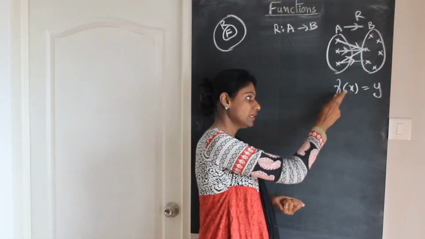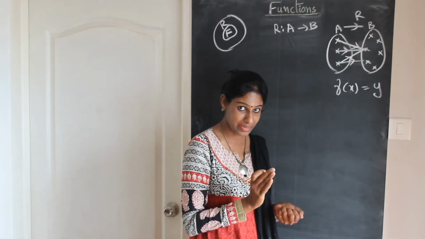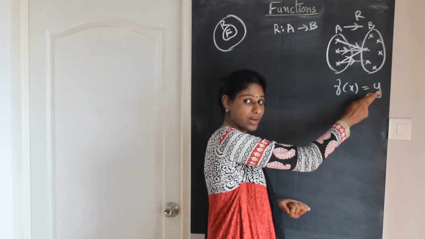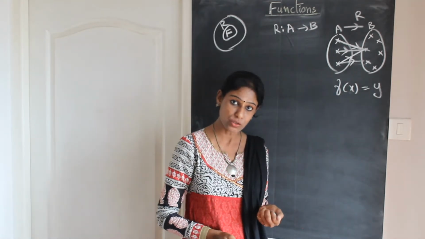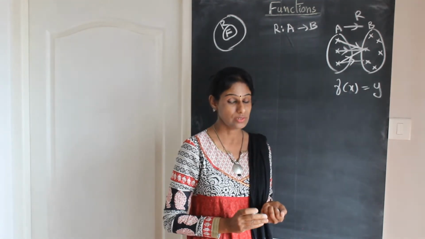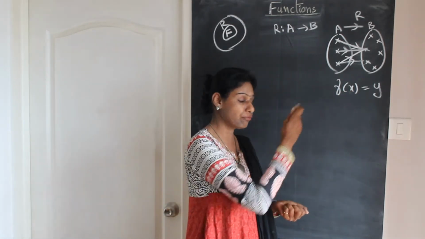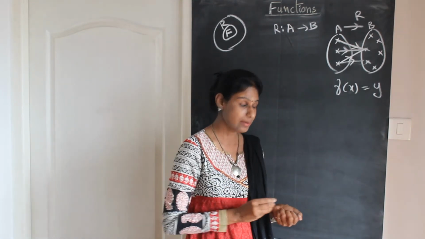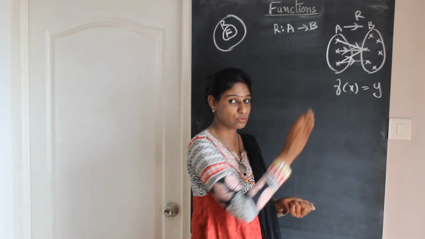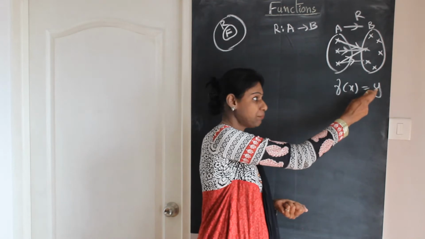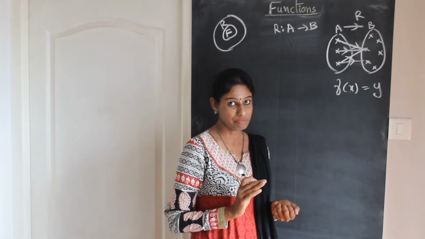Now in this function, the set of all x, that is your domain, and the set of all y in the codomain which have pre-images in the domain, that is your range. So the set of all x in A such that f of x is equal to y is your domain, and the set of all y in B such that f of x is equal to y, where some x must be there as the pre-image of y, that set of y is known as the range of the function.